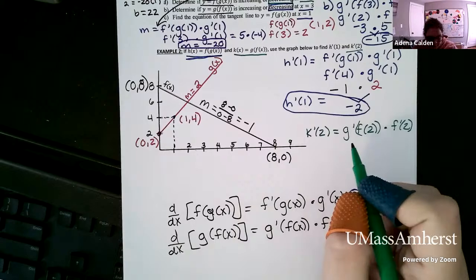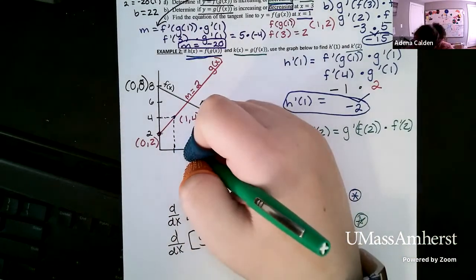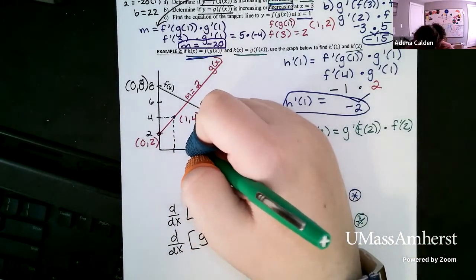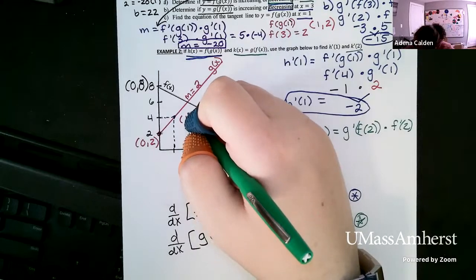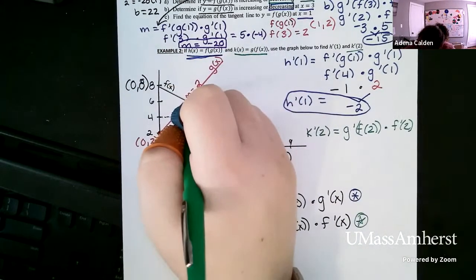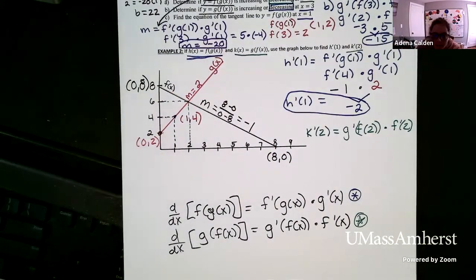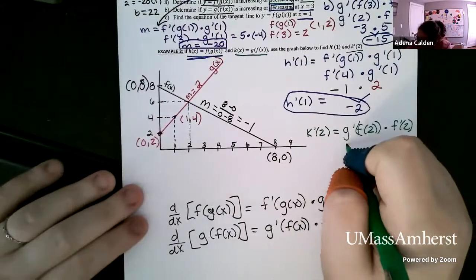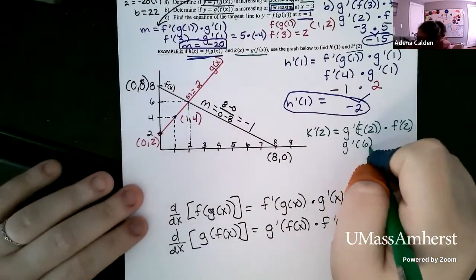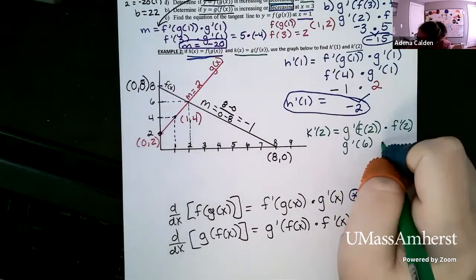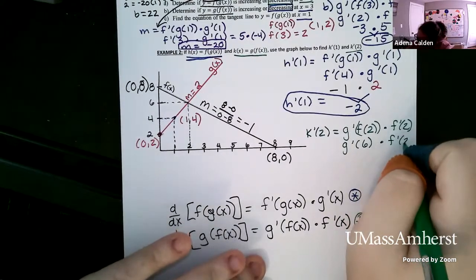So for f of 2, I'm going to go over to 2. I'm going to go up until I hit the f function, which is the green one. And then I'm going to come over and see what the y value is. To me, that looks like a 6, right? So I'm going to go ahead and call that 6. So g prime of 6 times f prime of 2.